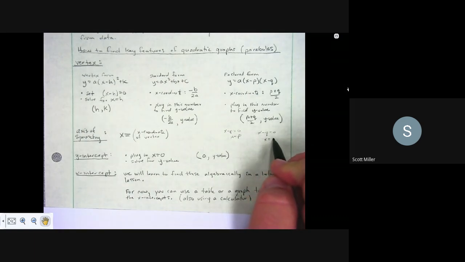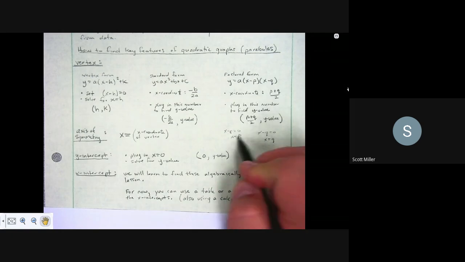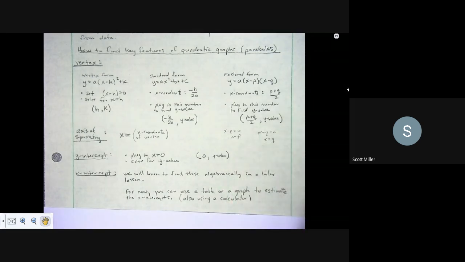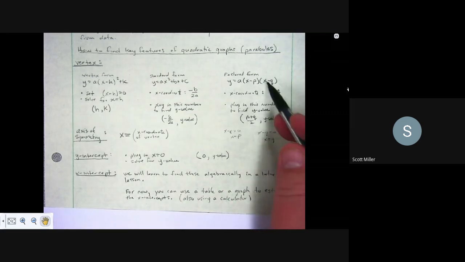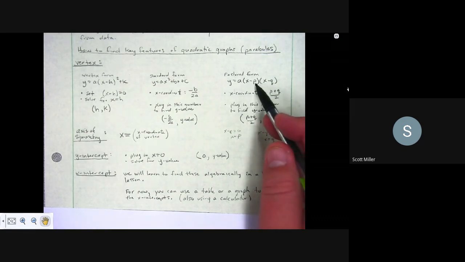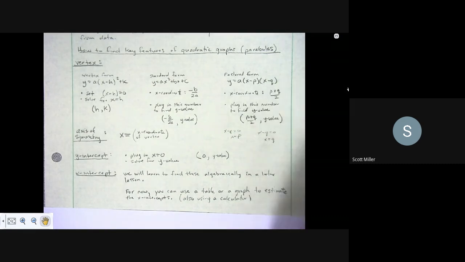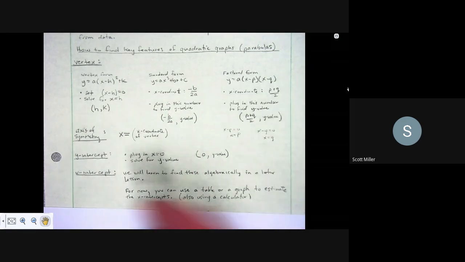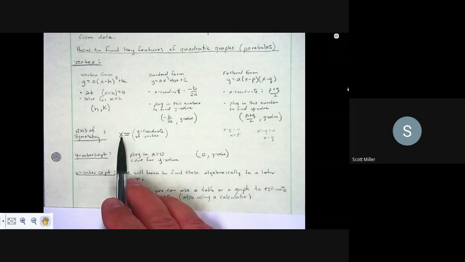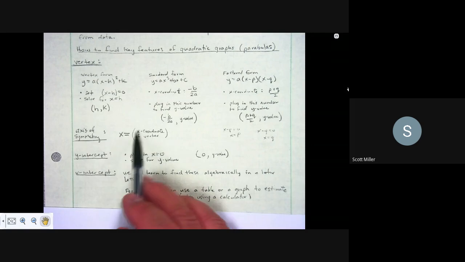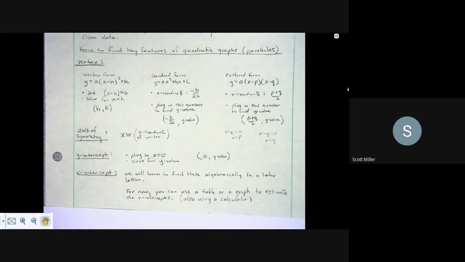Solve for that, and you'll get p and q that way, making sure that you have the correct sign. That is the most common mistake people make in this process, is they choose the wrong sign for p and q. The axis of symmetry is an equation of a vertical line, so it's x equals whatever the x-coordinate of the vertex is. So you have to find the vertex first.